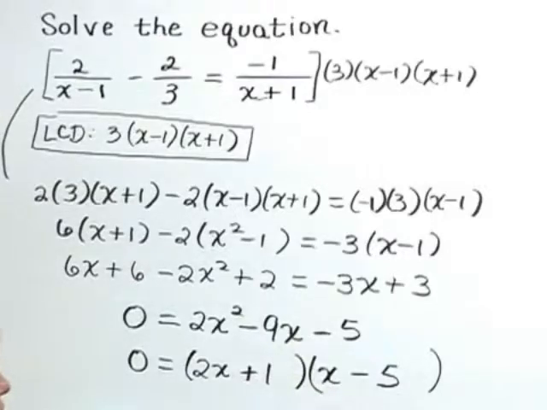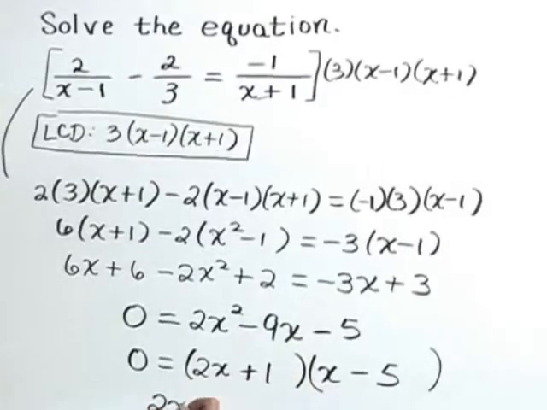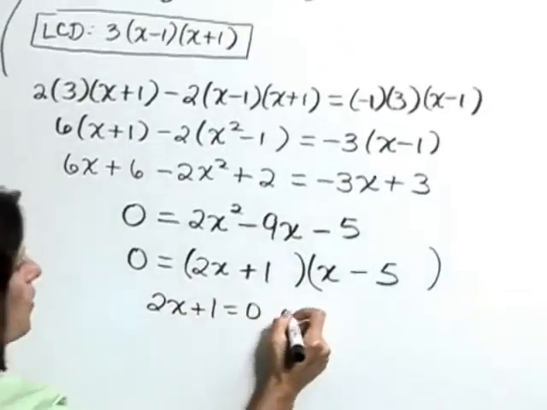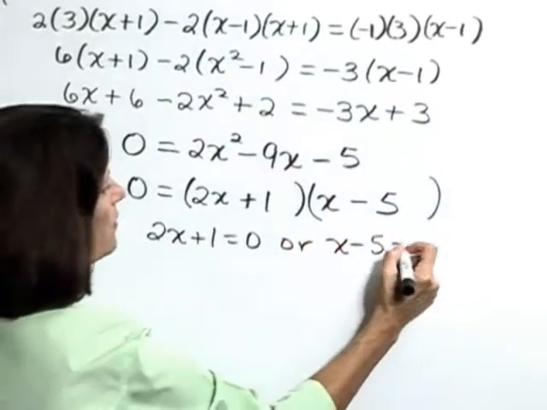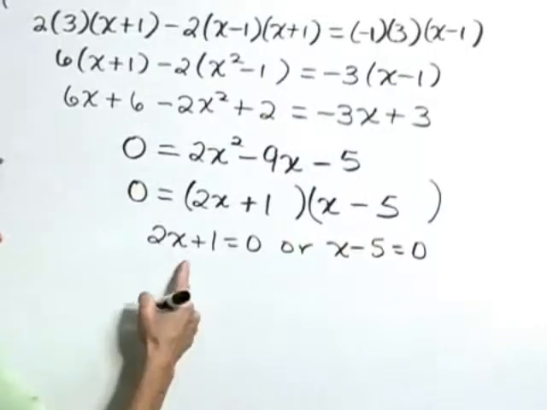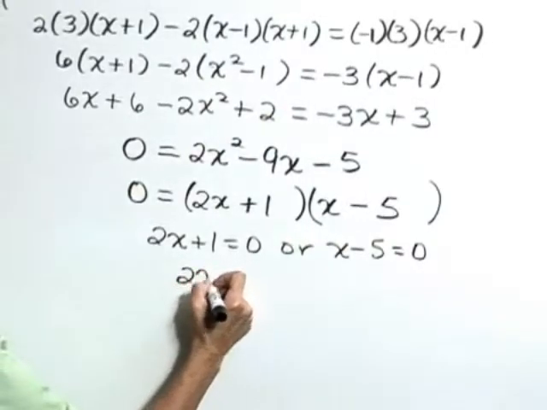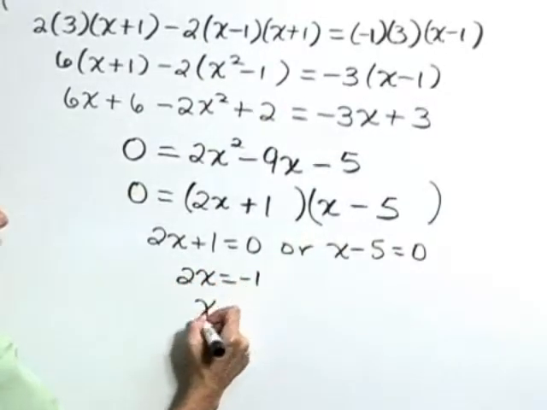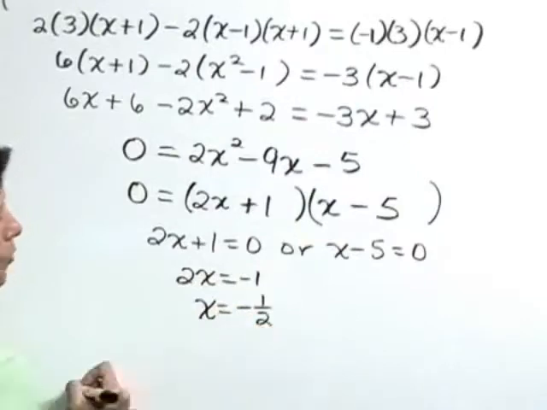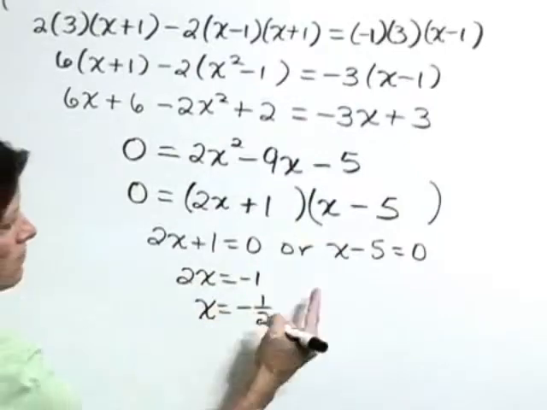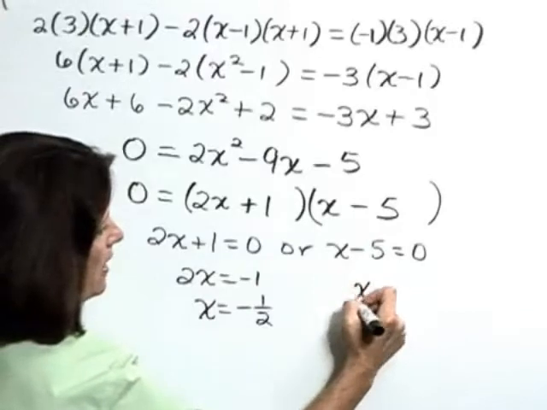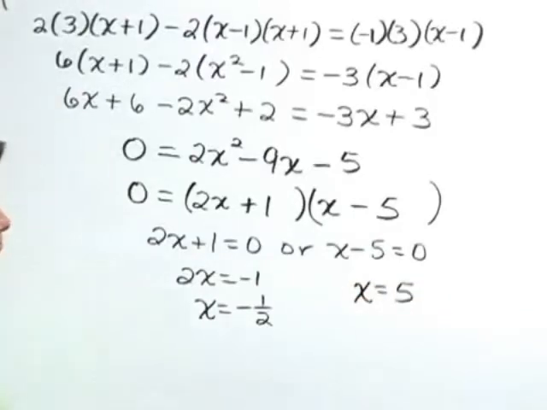Now using our zero factor property, 2x plus 1 is equal to 0, or x minus 5 is equal to 0. Solving for x, 2x is negative 1, or x is a negative 1/2. On the right-hand side, we get x is equal to 5.